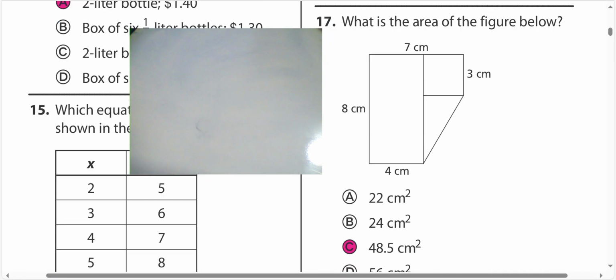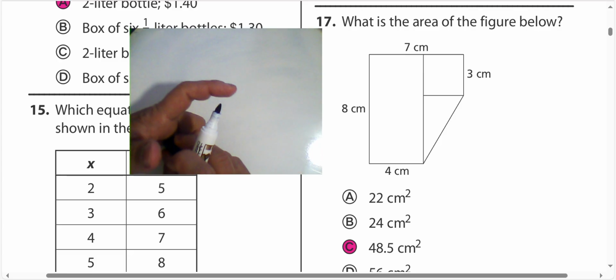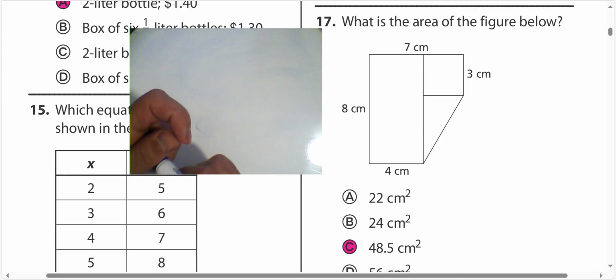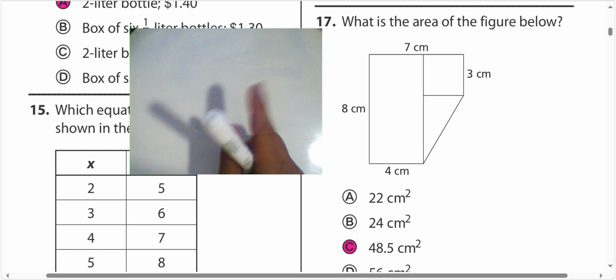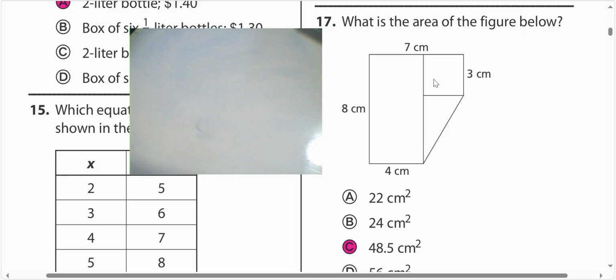What is the area of the figure below? We can find the area by writing the dimensions. Here is 8, and this part will be 3, so 8 minus 3 is 5. This part is 5. 7 minus 4 equals 3.